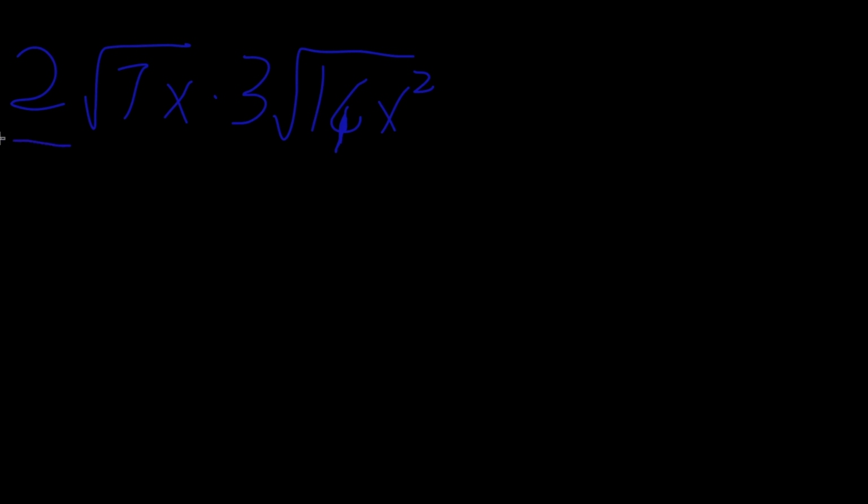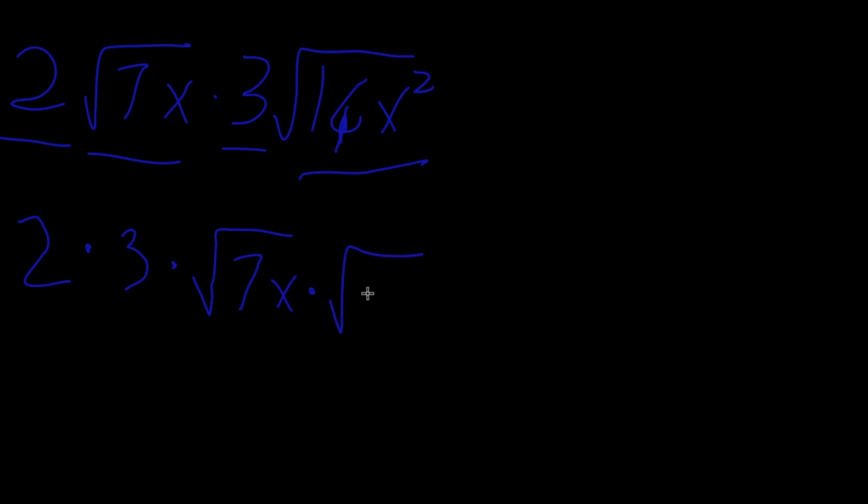Like 2 times 3, we can group that, and the square root of 7x and the square root of 14x squared, we can group those. So we can rewrite this as 2 times 3 times the square root of 7x times the square root of 14x squared.